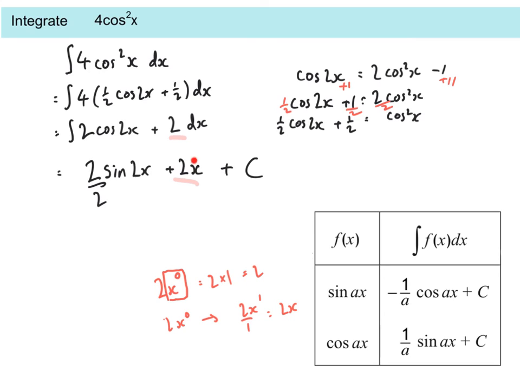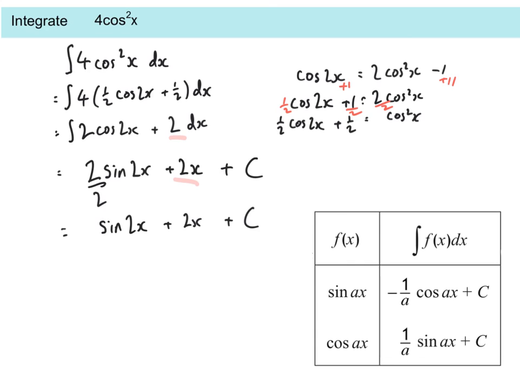So I have integrated properly there, trust me. All that remains to be done here is simplify down the fractions, same story as the rest of this. 2 over 2 is the same as 1. So I've ended up with one lot of sine 2x plus 2x plus our constant of integration.